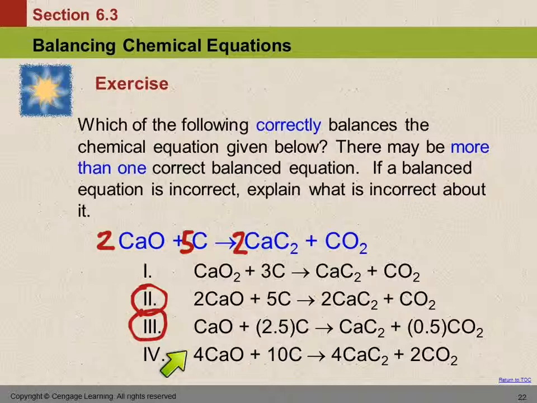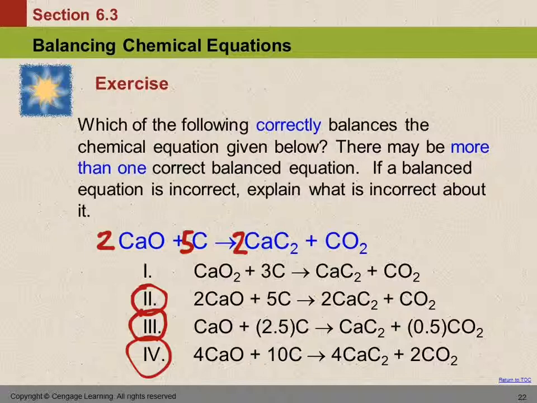How about number 4? What's the relationship between these coefficients and these coefficients? They're doubled. So 2 times 2 got us 4, and 5 times 2 got us 10. 2 goes to 4, 1 goes to 2. This is also balanced. Is the first one balanced? No. What did they do?